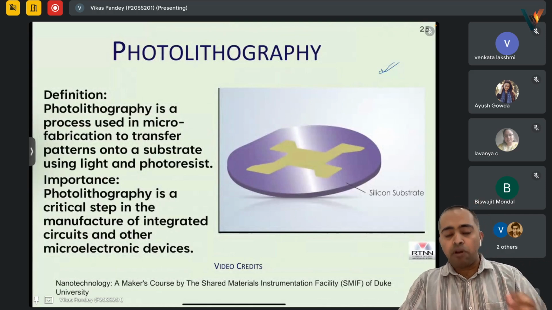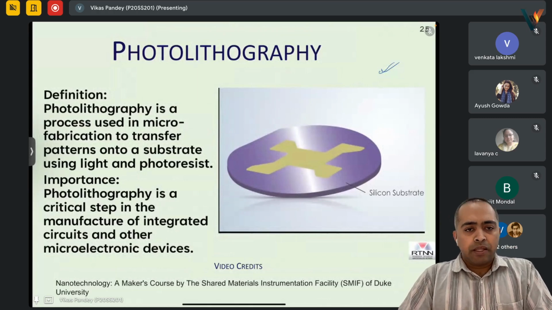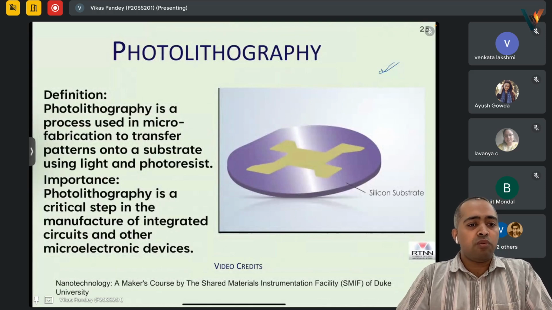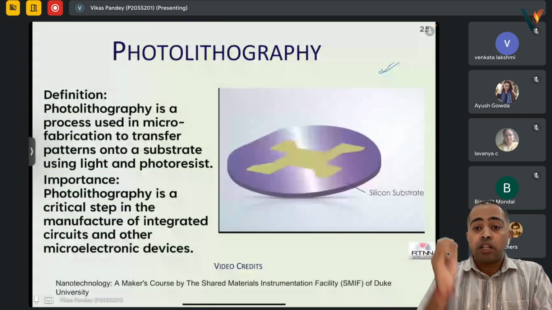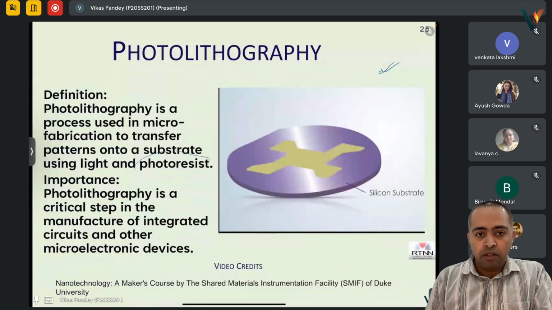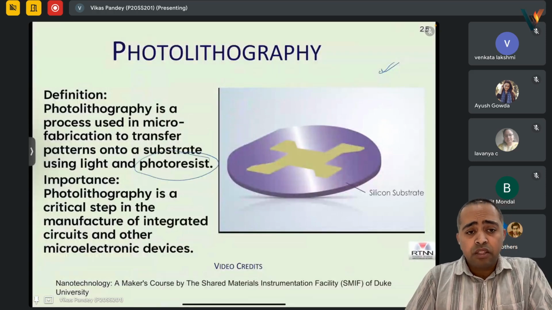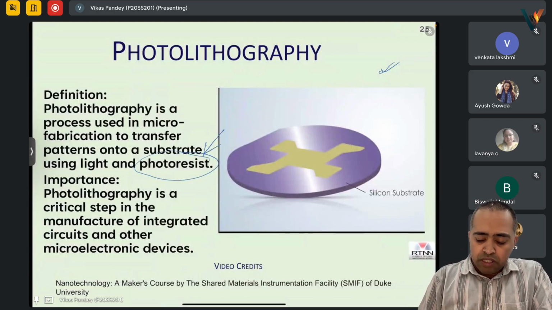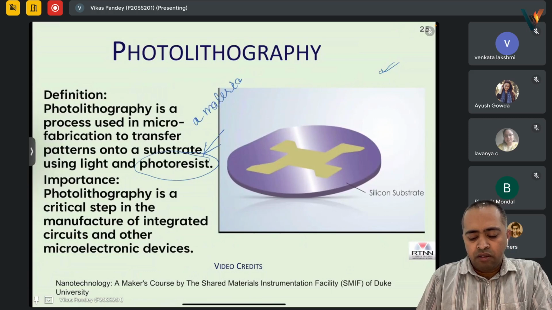When we talk about photolithography, it is a process used in microfabrication to transfer patterns onto a substrate using light and photoresist. Here, photoresist is something that plays a great role. That is a photosensitive material, that means a material that responds to light.